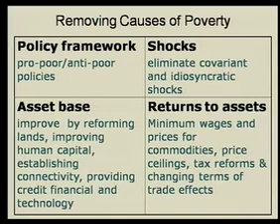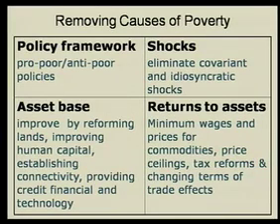Then you can also have infrastructure, which is also an asset base. Then connectivity, credit facilities, technology available, human resources development, as we've always been saying. So these are the asset base of the country.